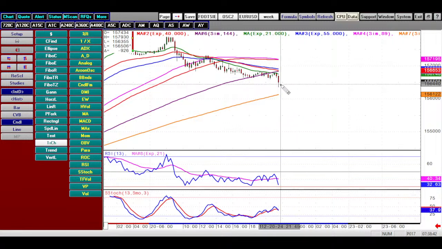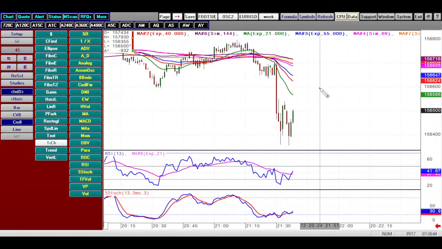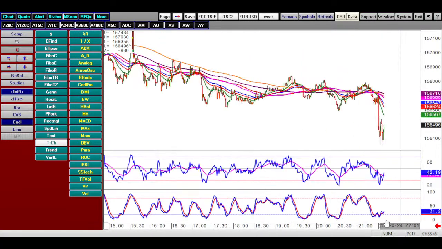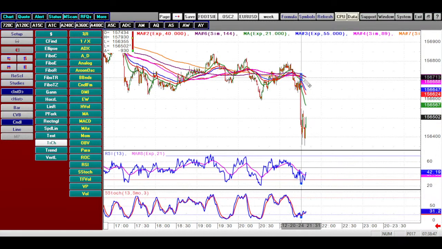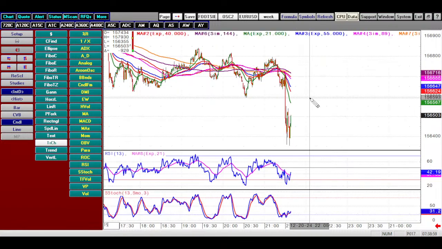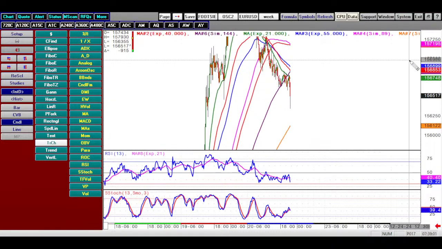How I'm going to manage this trade is I go into the 1 minute chart. As long as the price doesn't go above 70, I would still want to hold this trade. So 70, let me see your 15-minute high.